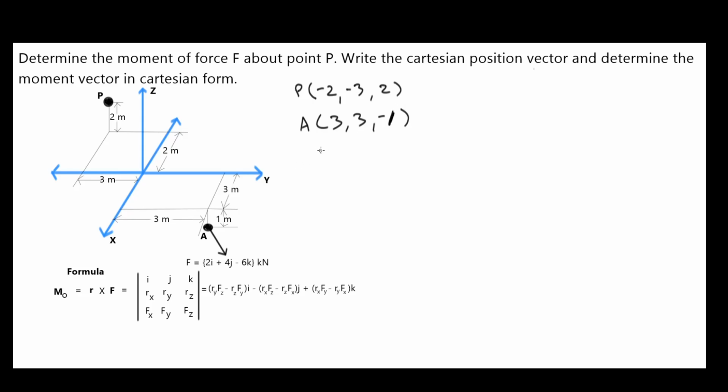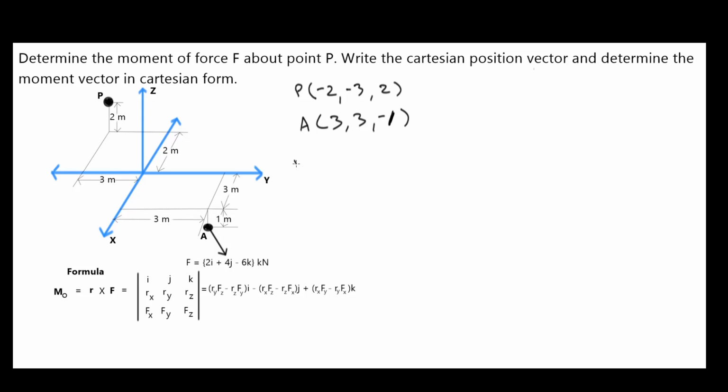Now to find the position vector, you want to subtract the tail from the head. When you're rotating around a specific point, that point is always going to be your tail. So in this example, point P is going to be our tail, while point A is going to be our head.